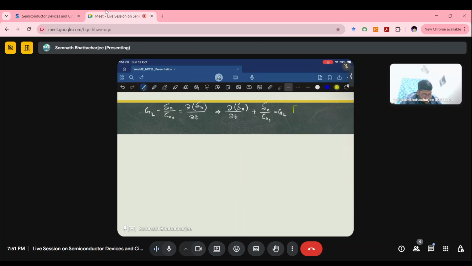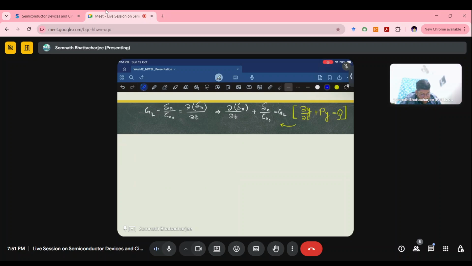So this looks very similar to dy by dt plus y multiplied by 1 by t naught. Let's write it as dy by dt plus P y equals Q. So the form is very similar to this, right? Based on this, we have to use the integrating factor equations.